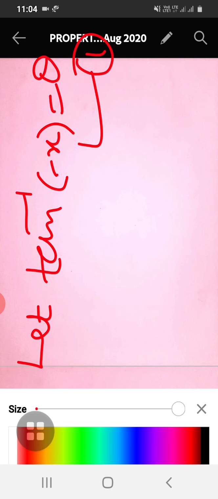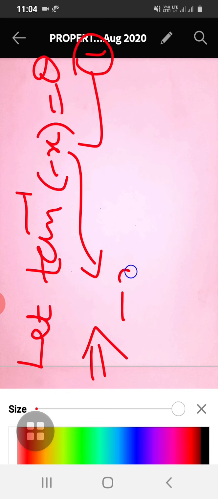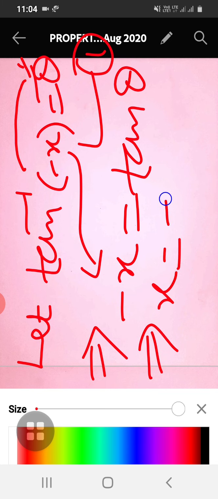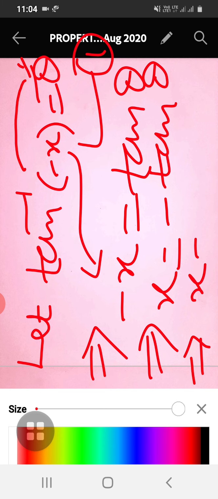At the end we compare this equation to the last step. Then this implies, write this minus x as it is. I will bring this tan inverse to the right hand side. Then the tan inverse becomes tan theta. I don't want this minus sign, so that minus comes to the right hand side, minus tan theta.